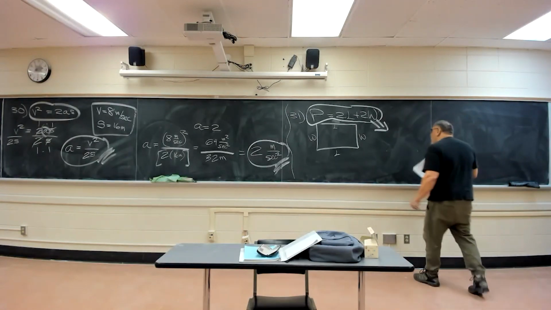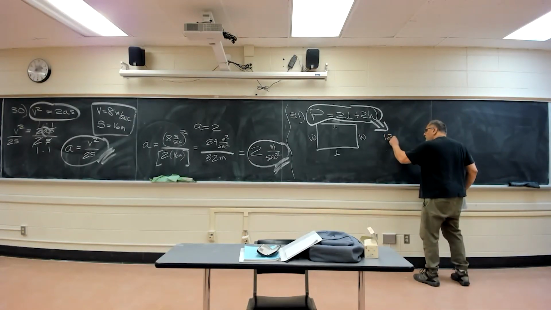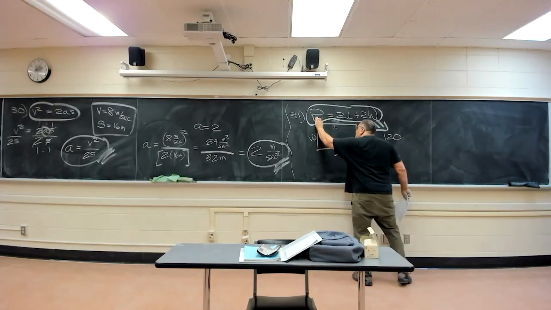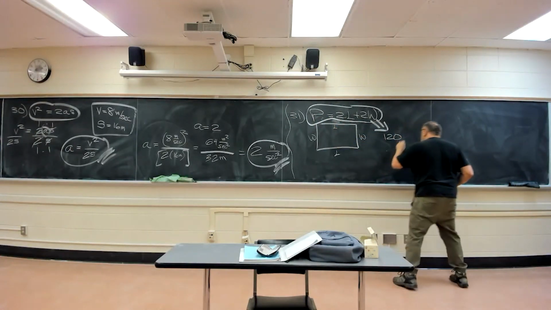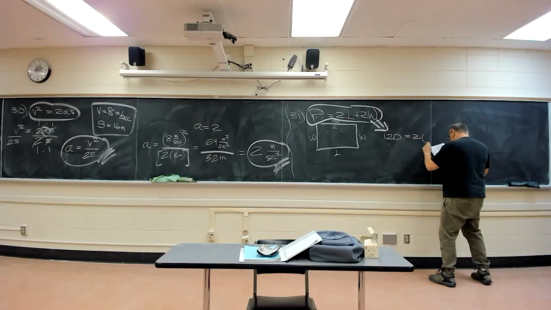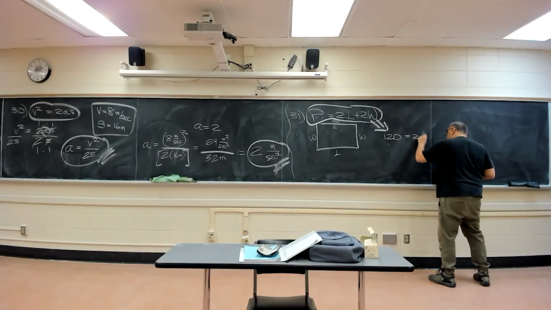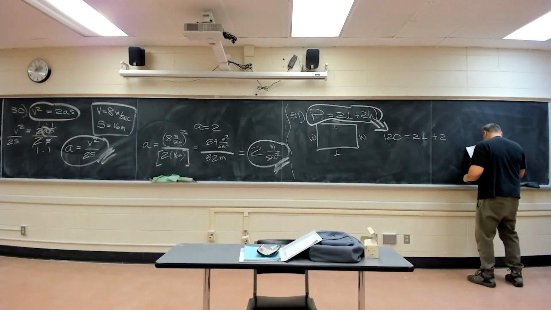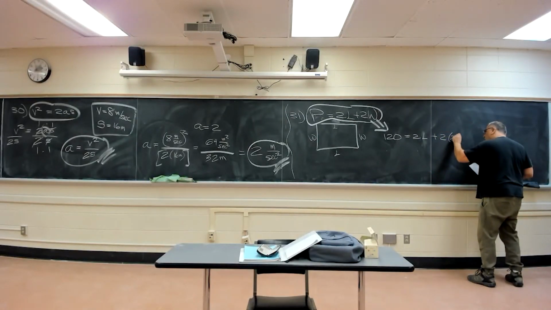If the perimeter of the rectangle is 120 centimeters, so P is 120. The length we do not know. The width is 24.